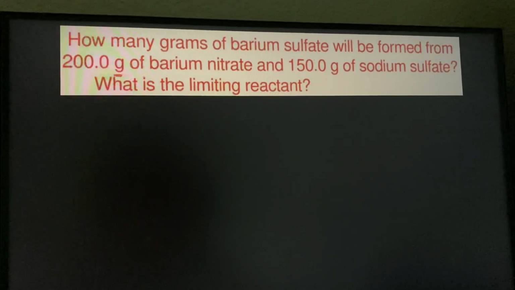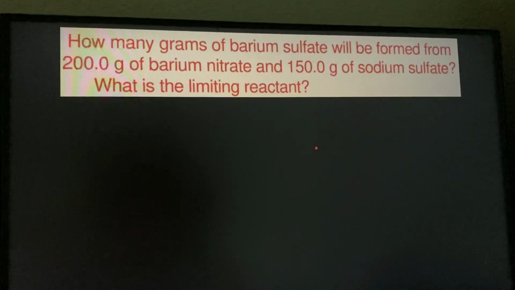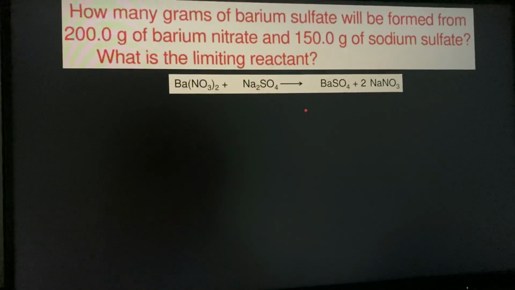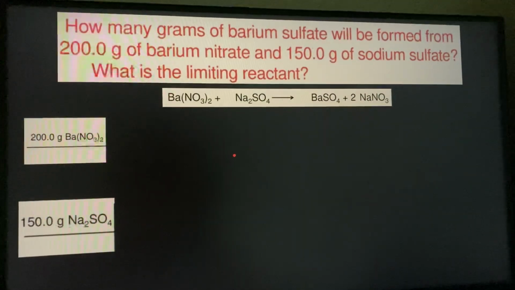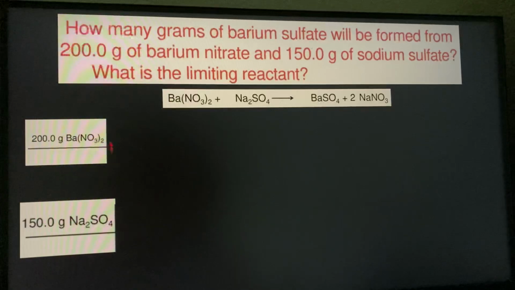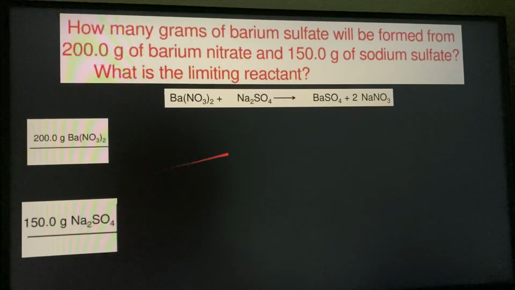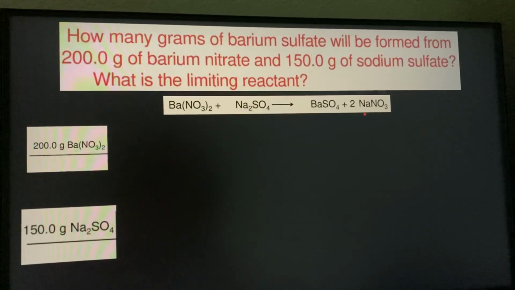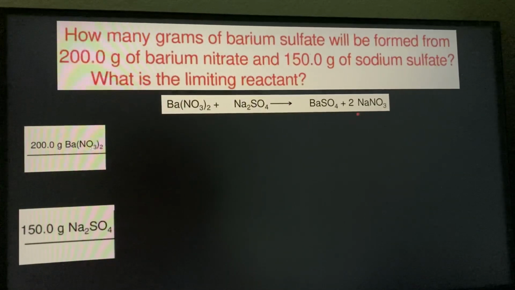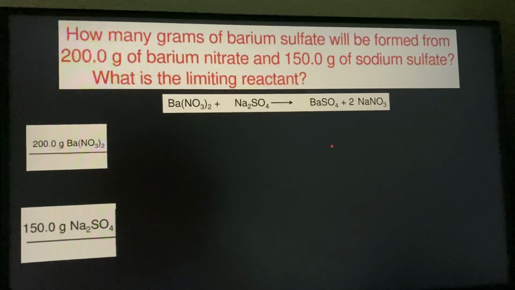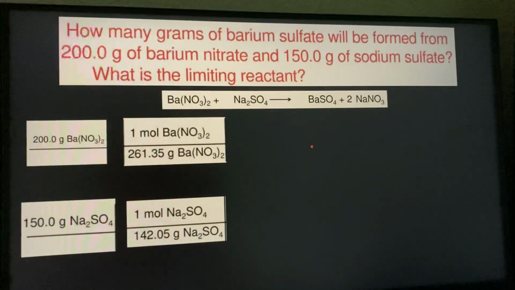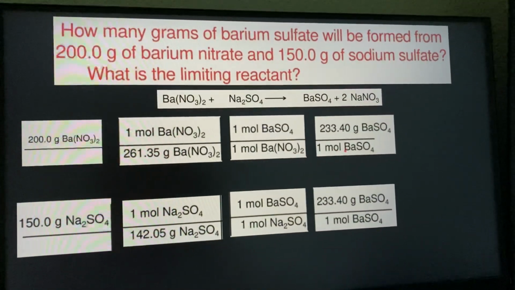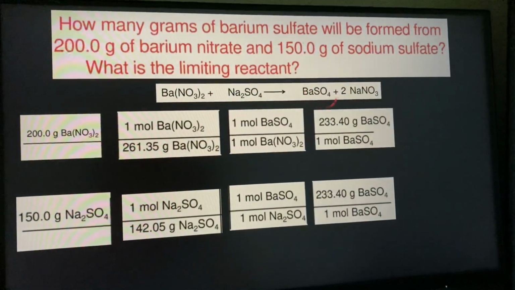So we have our two givens, and we're going to first write out our balanced equation, and then start our equations with 200 grams of Ba(NO3)2 and 150 grams of Na2SO4, converting each into BaSO4 to see which one can make more. We divide by molar mass to find moles, use the mole ratio, and for this example we'll use BaSO4.